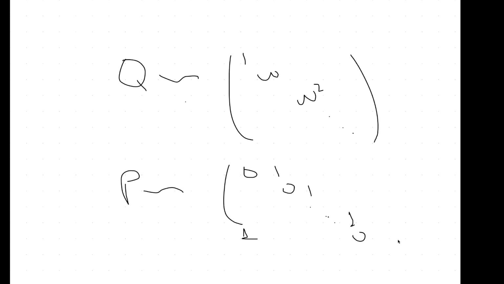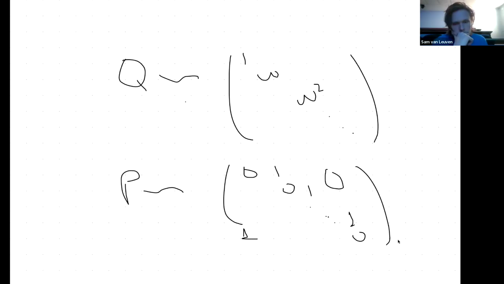What happens is that P moves by 1. So you have the standard basis, and acting with P takes E0 to E1, E1 to E2, E2 to E3, or something like that. And then Q multiplies each of them by a phase. So the shift means that the E's get moved into each other, and the clock means that each one of them has a different phase. There are some conventions over this stuff.